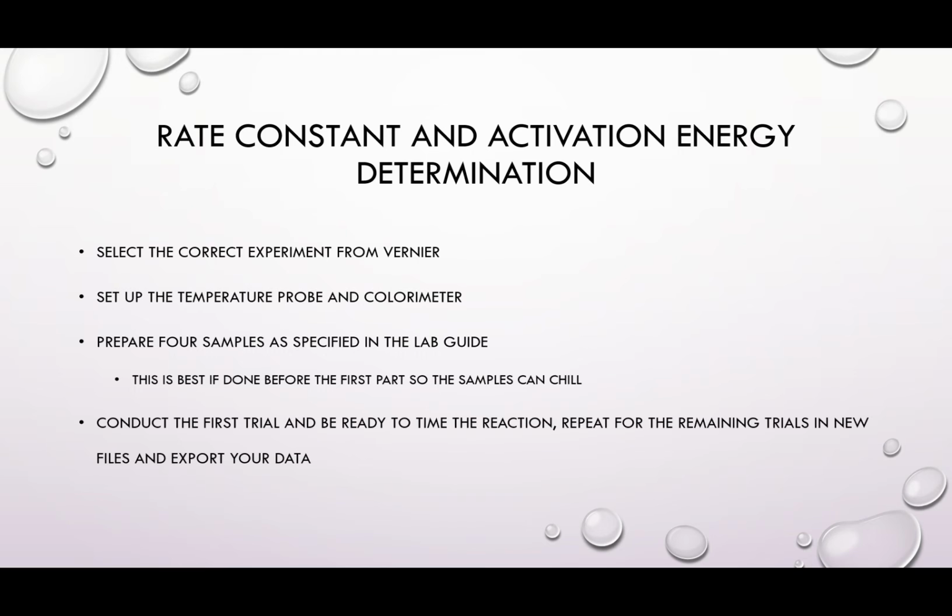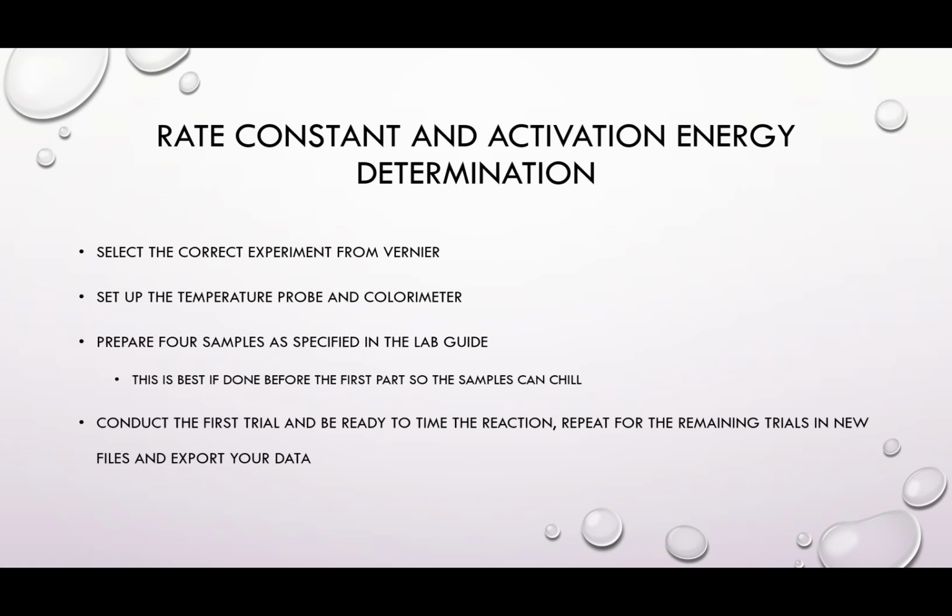For the rate constant and activation energy determination portion of the experiment, you're going to select the correct experiment from Vernier. So again, there's a file already created for you. Set up the temperature probe and colorimeter, and prepare 4 samples as specified in the lab guide.